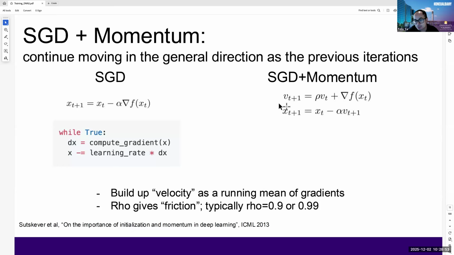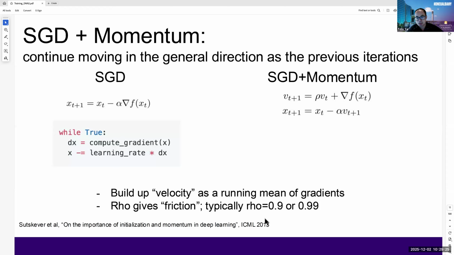Once we have this information, instead of directly updating along the gradient, we actually update with the velocity, right? This is a very important method that was proposed like 12 years ago, and it is super popular right now: stochastic gradient descent plus momentum.